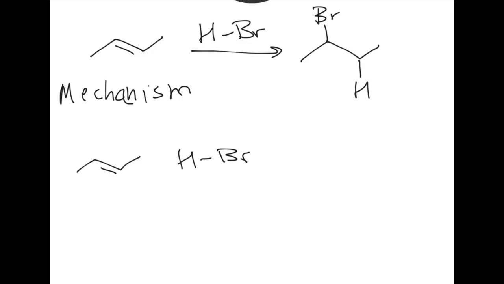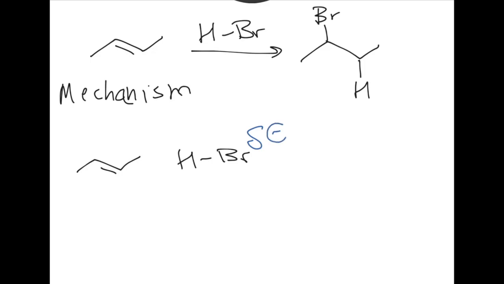So we know that our double bond is our nucleophile, right? It's the thing that has extra electrons. So we have to find the positive thing for that nucleophile to react with. So if we look at HBr, bromine is more electronegative than hydrogen, right? So when you're more electronegative, you pull electrons towards yourself. There's an unequal sharing of electrons in that hydrogen-bromine bond. So this is a delta, which means partial.